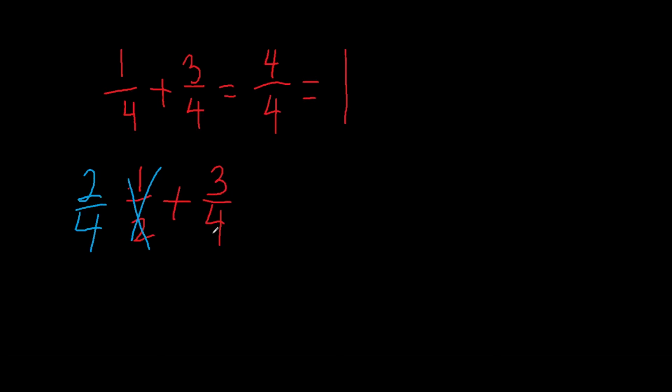Okay? Now the denominators are the same, and you add the numerators, and that becomes 5/4. But as we've seen up here, 4/4 is 1, so that's the same as saying 1, and 4/4 from 5/4 leaves 1/4 left, so 1 and 1/4 is the answer to your C question on your review problems.